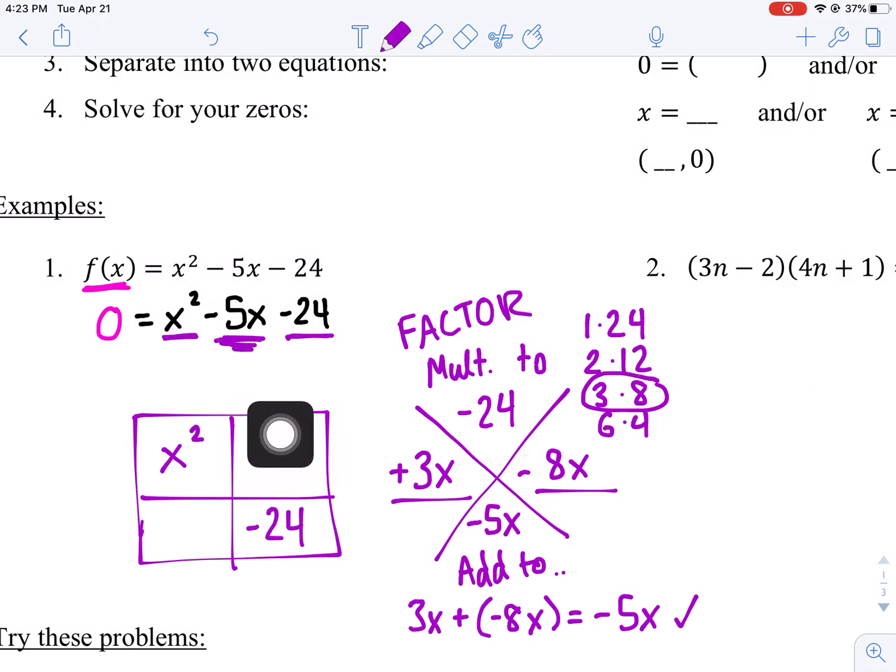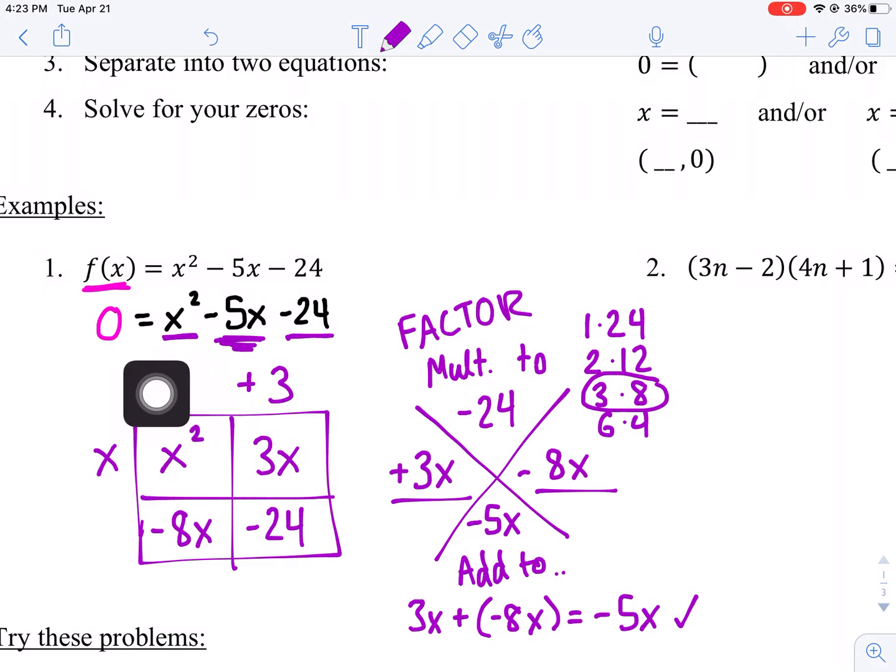So one box will be 3x, and the other box will be negative 8x. X times x is x squared. X times positive 3 is 3x.